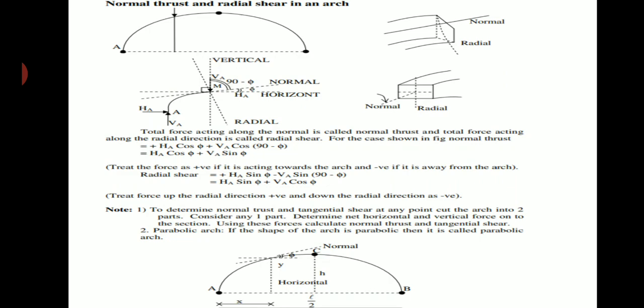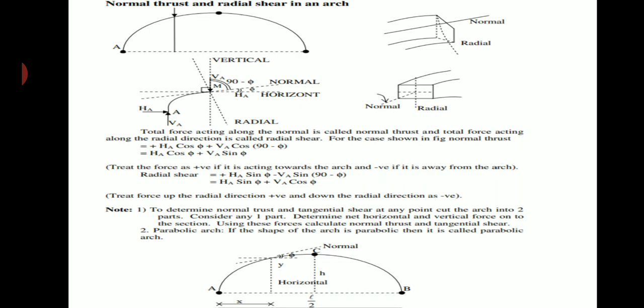If I consider support A, it is a hinged support. You will have VA and HA as the two reactions here. If I draw the resultant, it will be along the inclined direction. Let me consider that inclined force acting at an angle of phi.